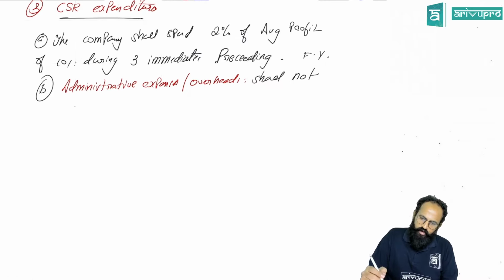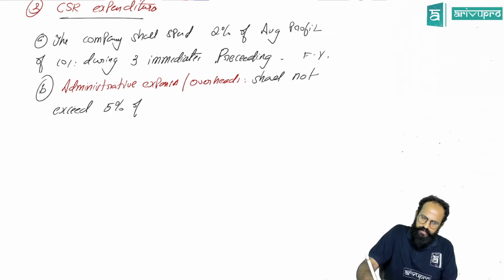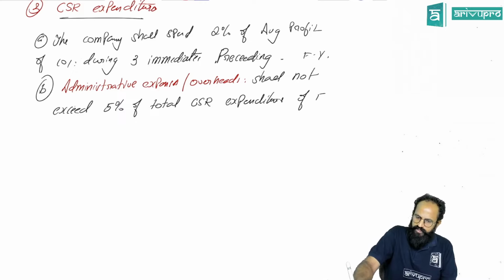Administrative expenses or overheads shall not exceed 5% of total CSR expenditure of the financial year.